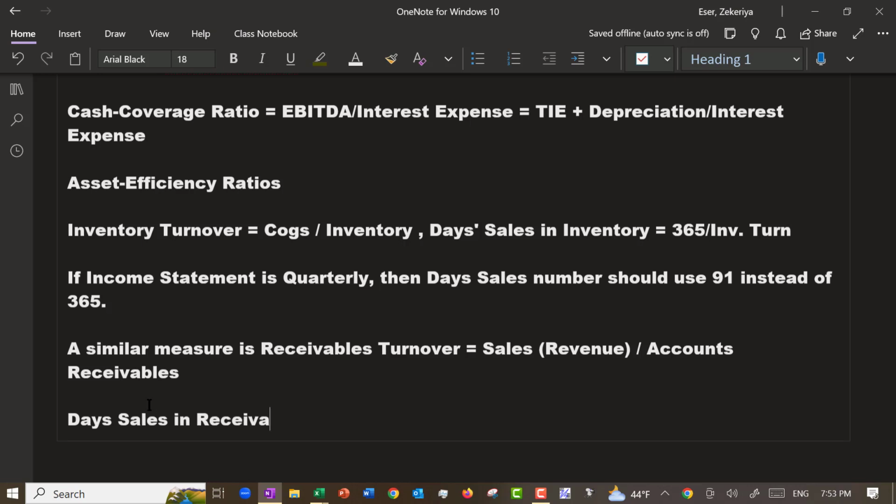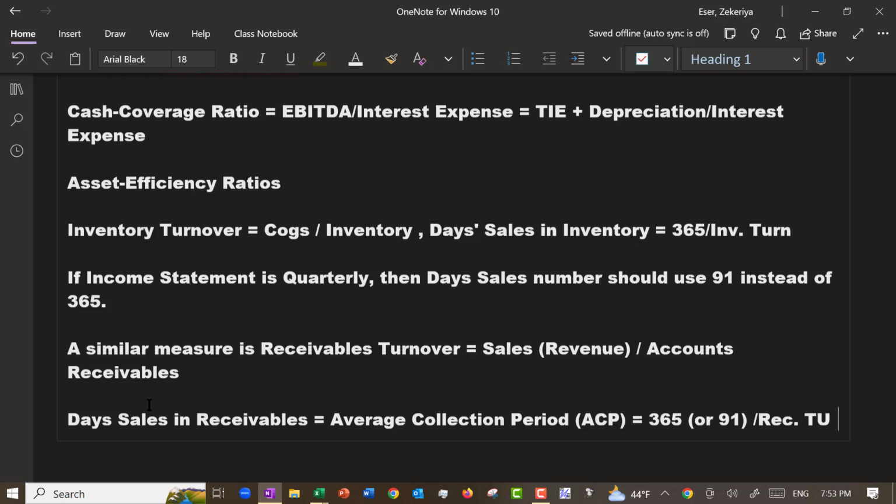This is also known as average collection period, or ACP, 365 or 91 divided by receivables turnover. Same idea, since receivables are booked based on the revenue, we use the sales, and the asset itself is the receivables.